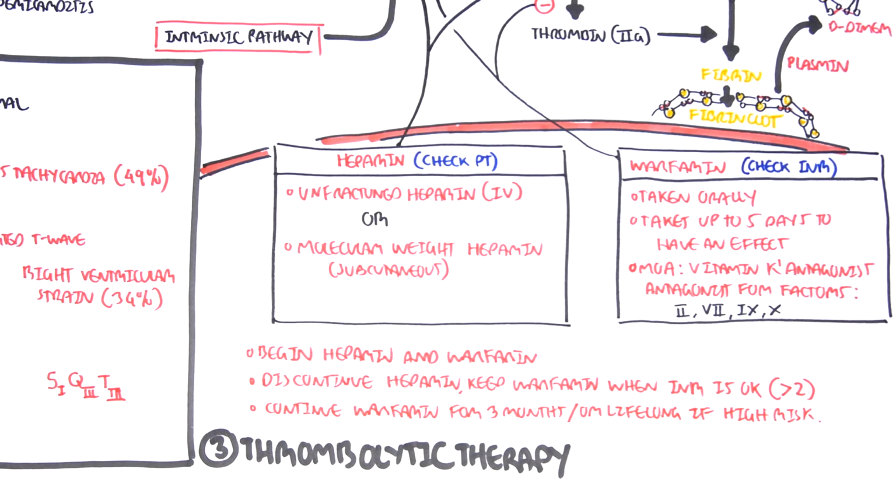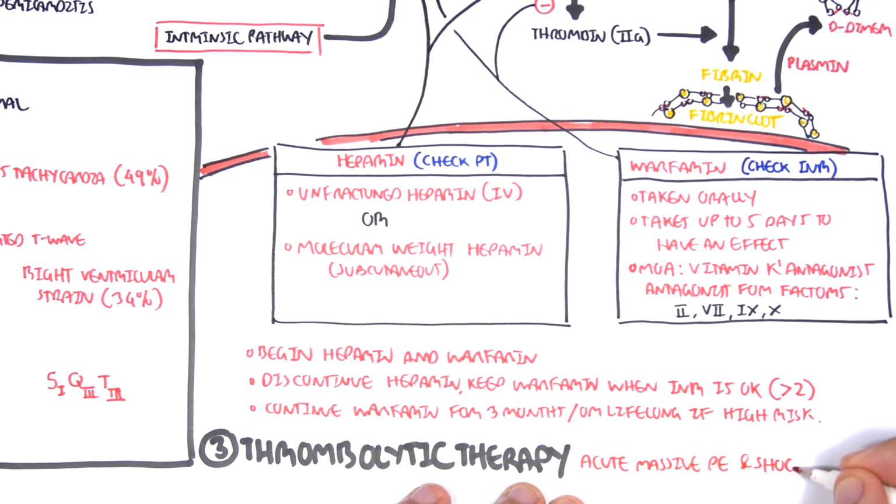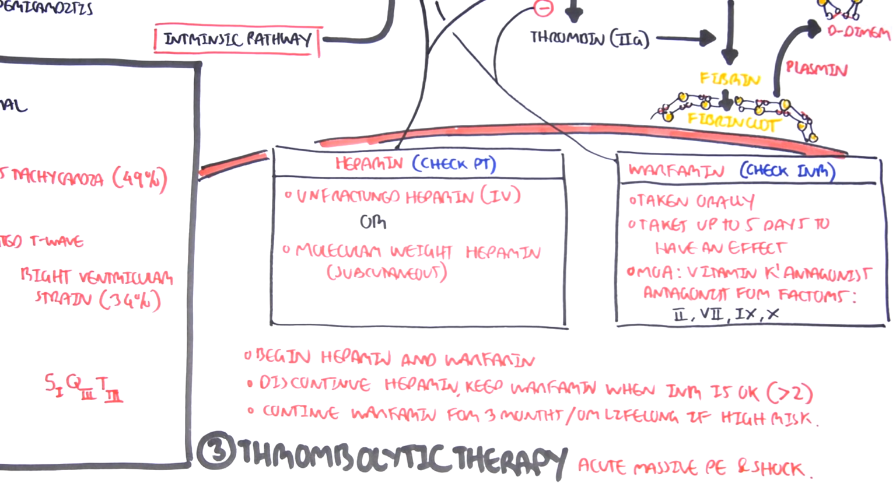The third treatment is thrombolytic therapy, and thrombolytic therapy is essentially fibrinolysis. So your aim here is to break down the clots. You're not preventing new clots from forming, but you're breaking down the clots already there. And this is used for acute massive pulmonary embolism and shock because it is an emergency.